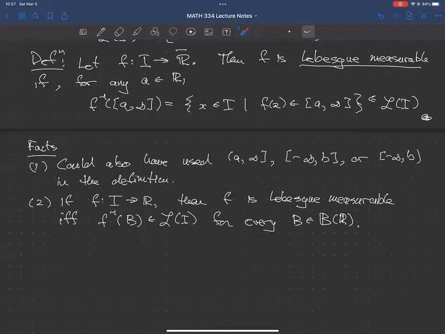And why is this characterization of Lebesgue measurability more insightful? I won't say it's simpler, because we have Borel sets here rather than intervals, but I claim it's more insightful.